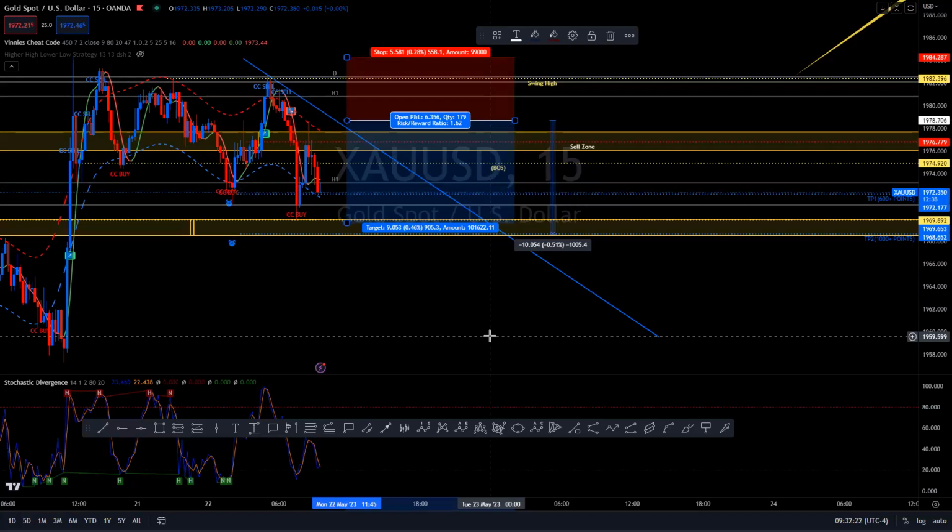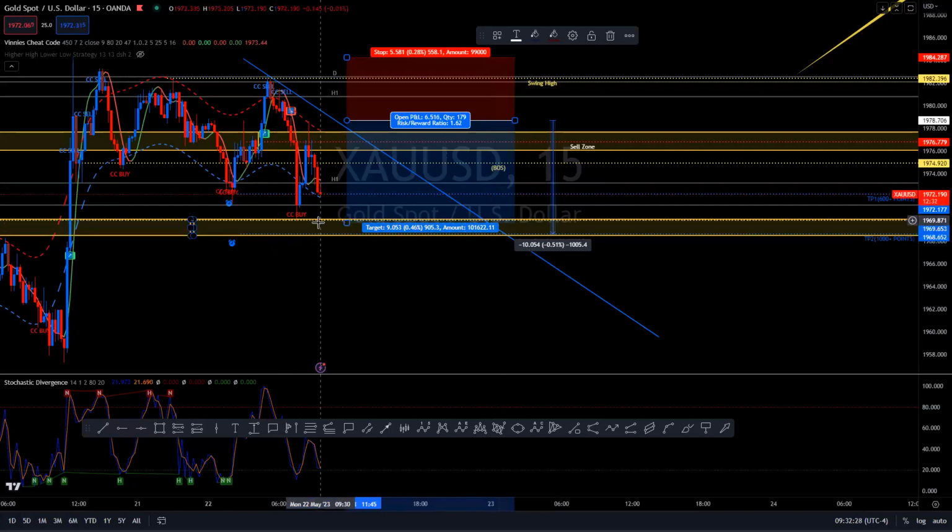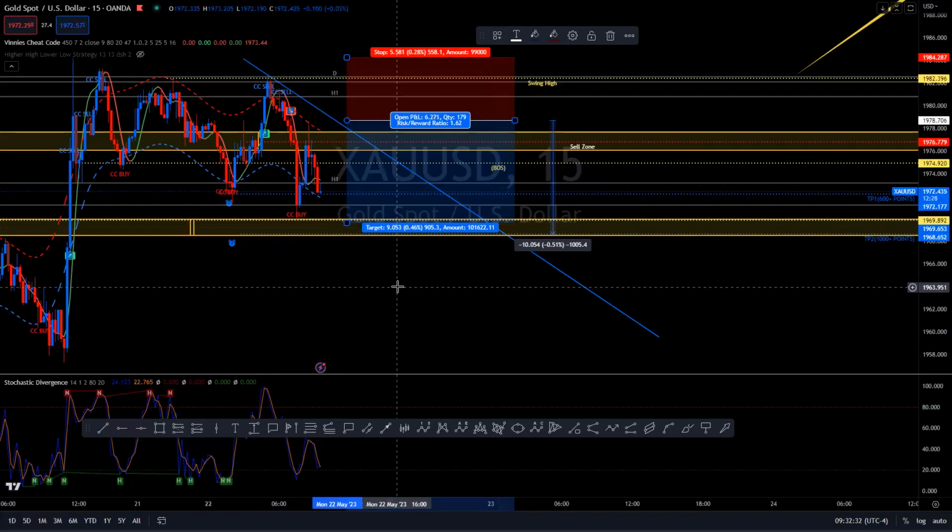But it could stick all the way out and then buy up down in this area here. Let's see what it does.